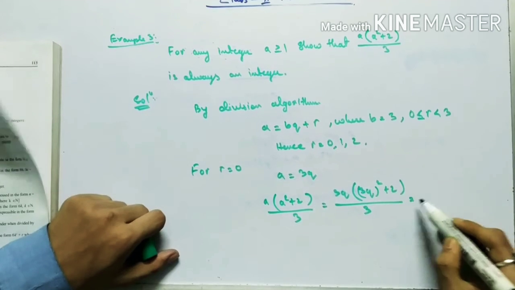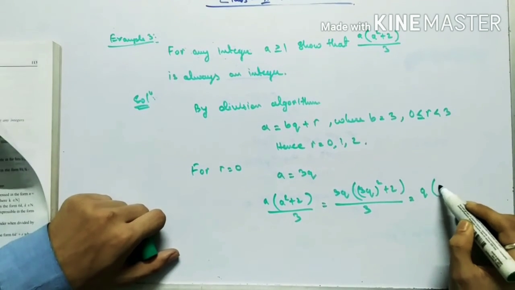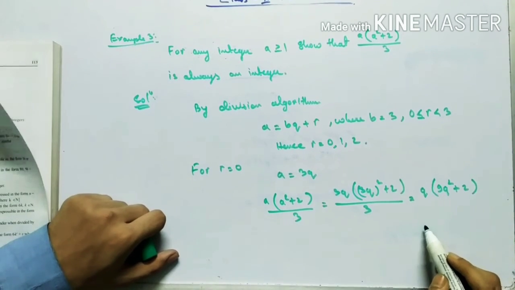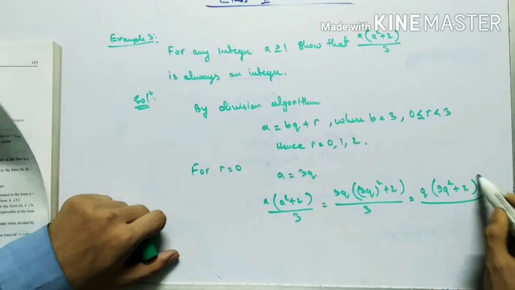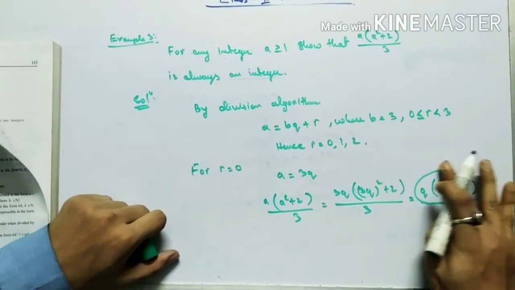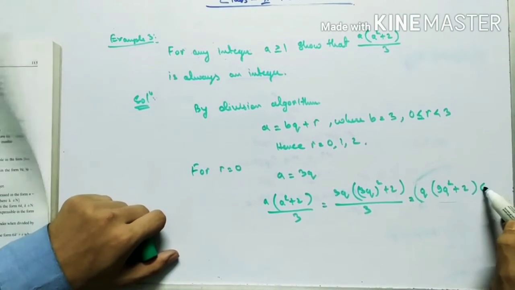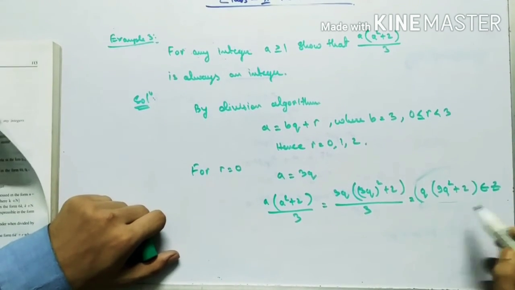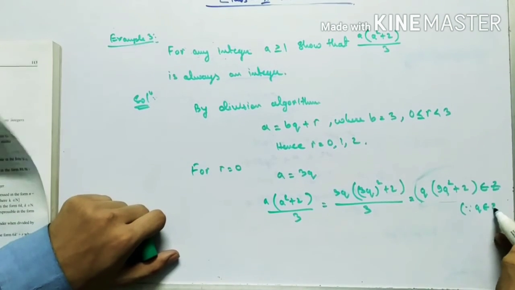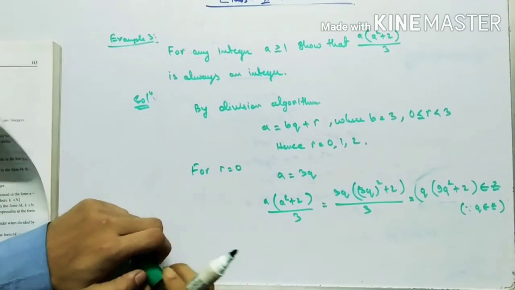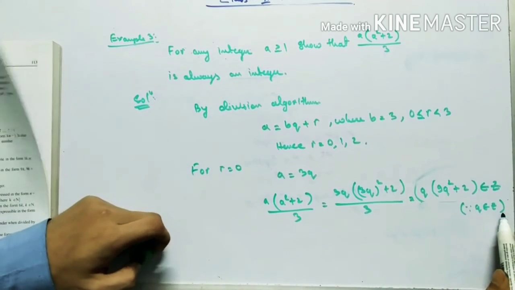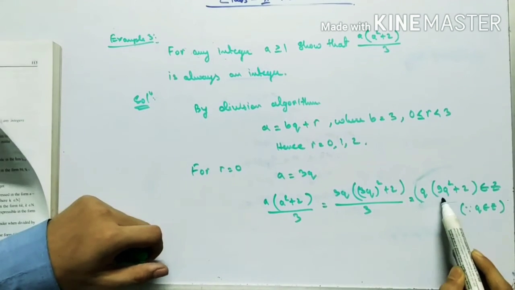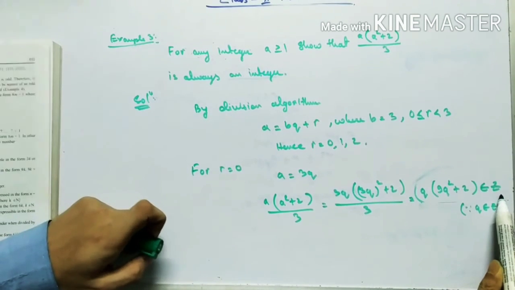So this is equal to q into 9q square plus 2, and this will be an integer. I can say that this belongs to Z, since q belongs to Z. Since q is an integer, q times 9q square plus 2 belongs to Z.